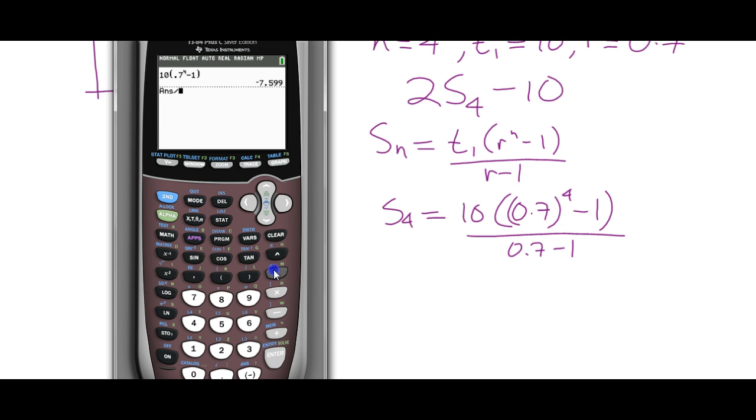Divided by, and I don't trust myself to do 0.7 minus 1, so we'll just enter 0.7 minus 1. It seems to be exact, 25.33.